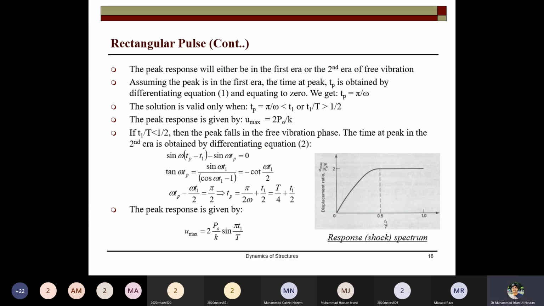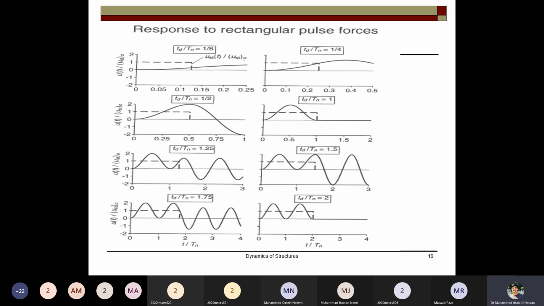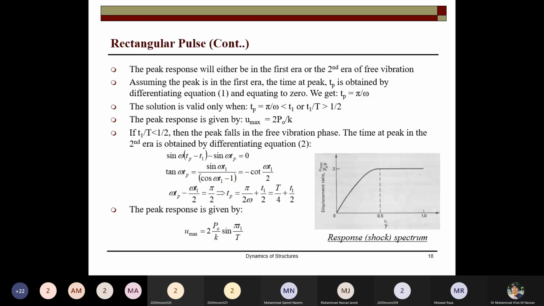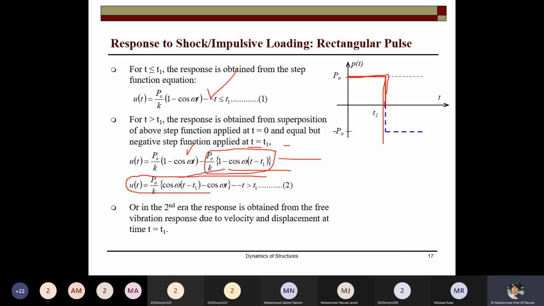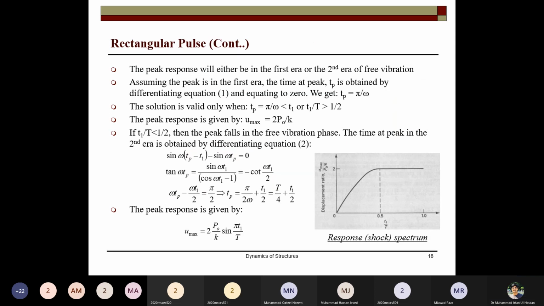This is a rectangular pulse. In that case you have different responses for the rectangular pulse force, also called the shock spectrum or response spectrum.